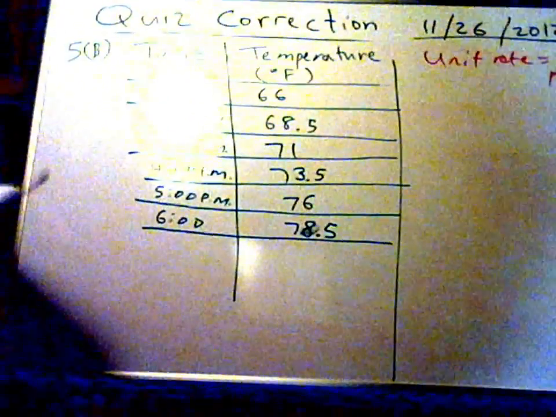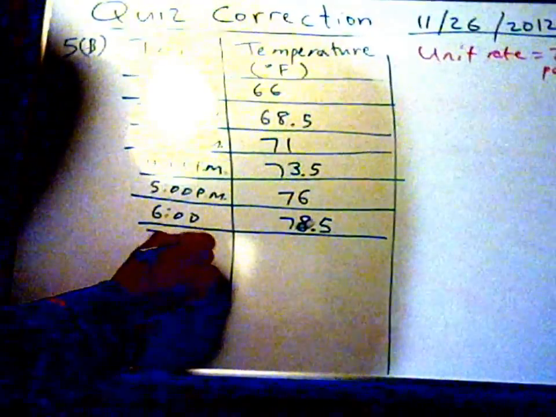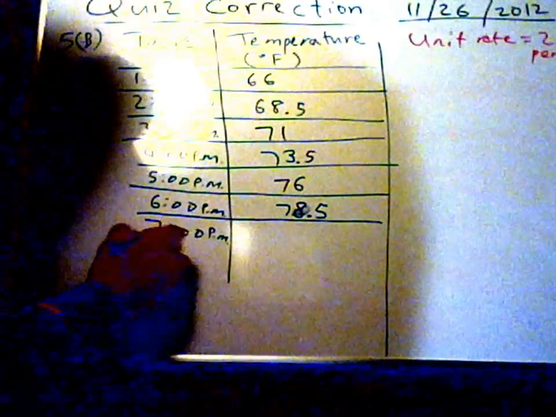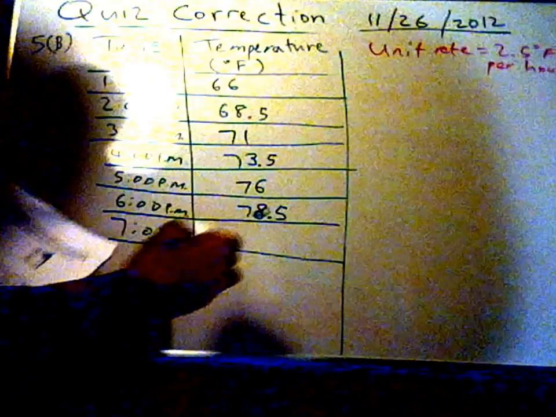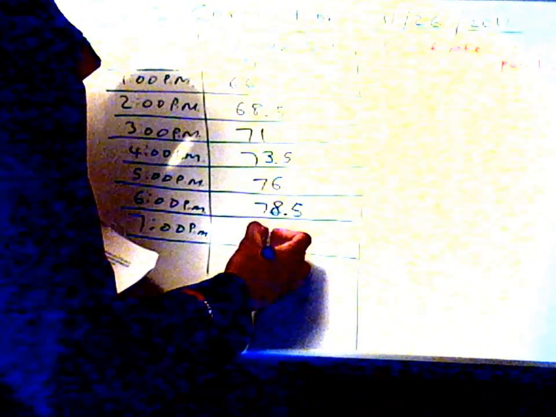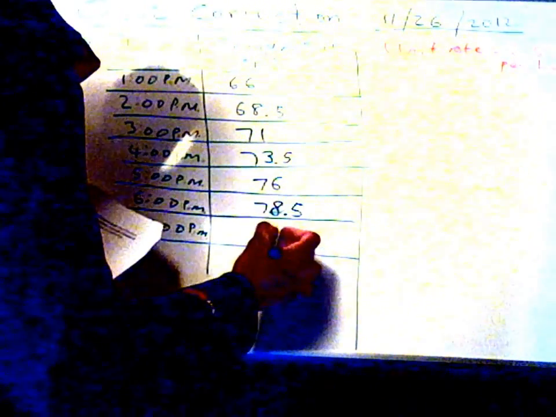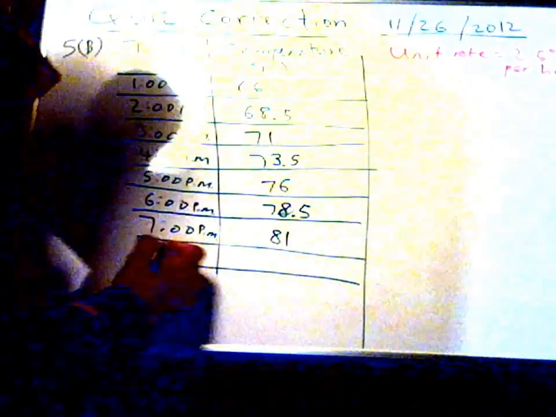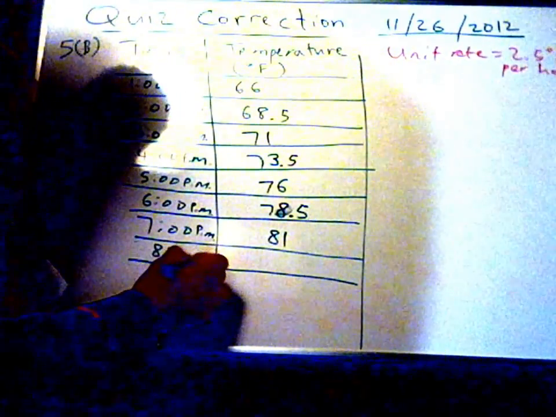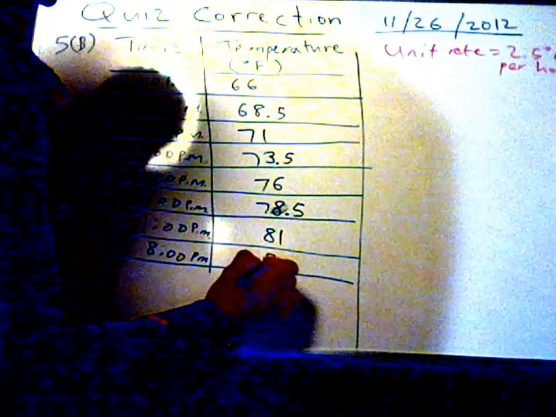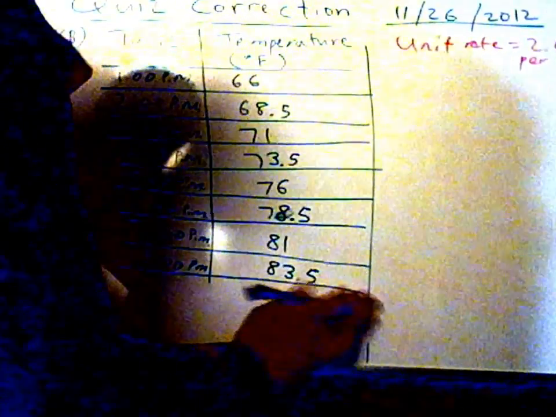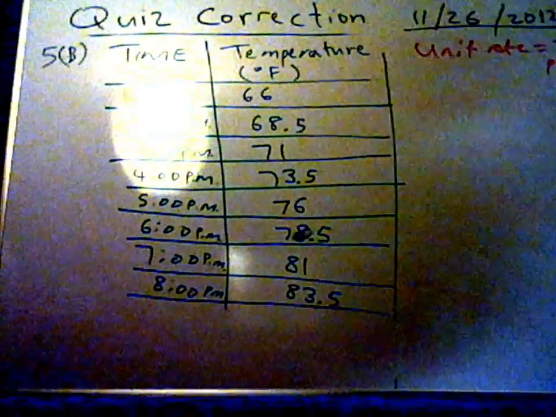So that's why we know we're doing the right thing. At 7 p.m. temperature would be 81 degrees Fahrenheit, and at 8 p.m., just like they gave us, temperature would be 83.5.